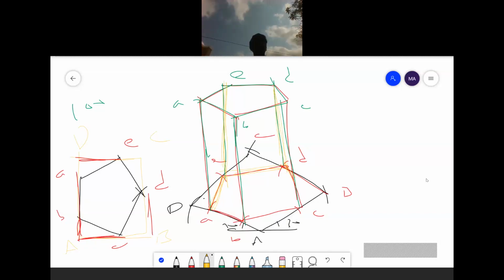Ma, do you have any doubts? You know how to draw a pentagon? Ma, any doubts?